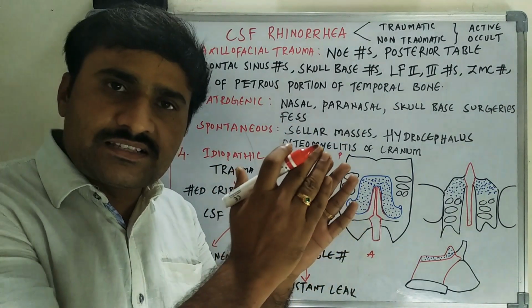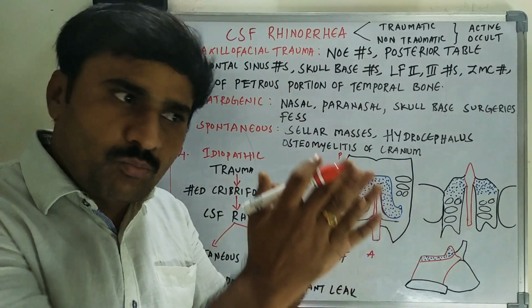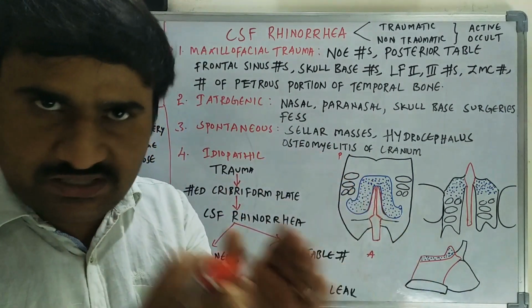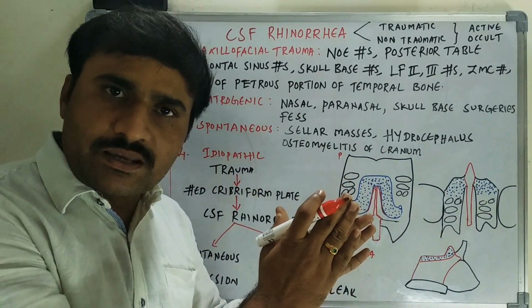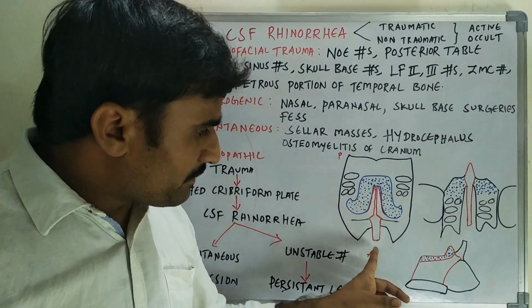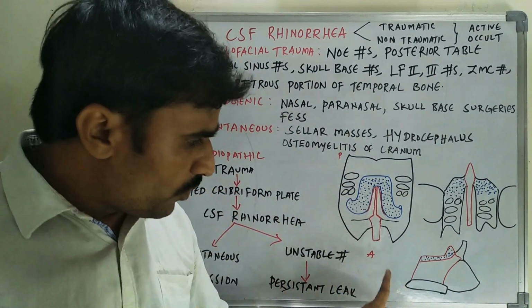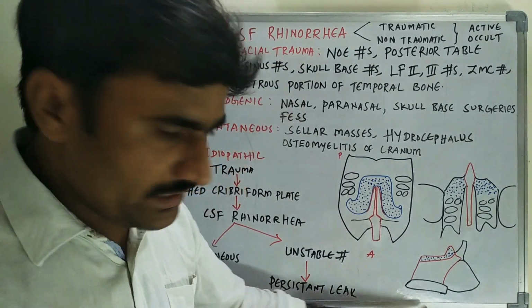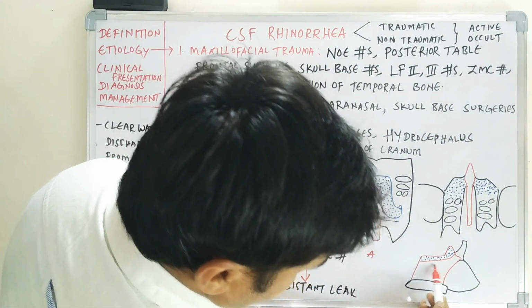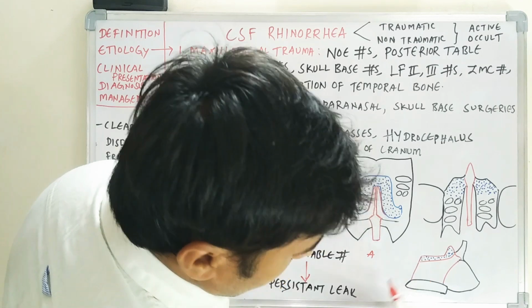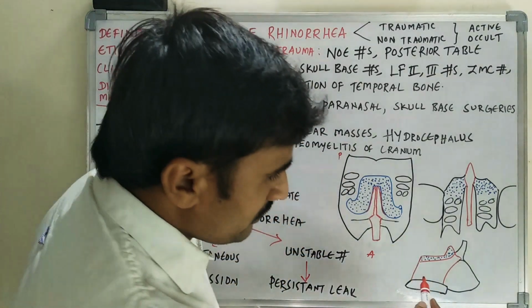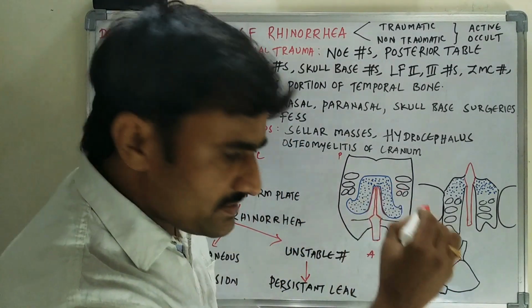You know that the nasal septum is formed by the bony nasal septum and the cartilaginous nasal septum, right? The bony nasal septum is formed by the perpendicular plate of the ethmoidal bone and also the vomer. In this diagram, this is the perpendicular plate of the ethmoidal bone forming the posterior aspect of the nasal septum.